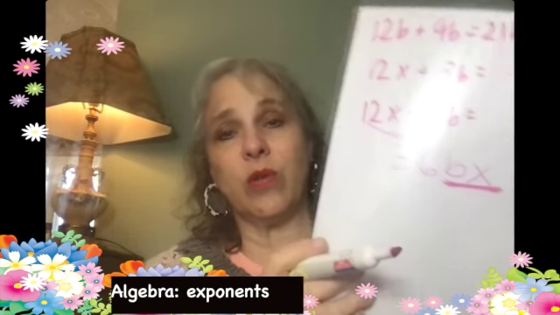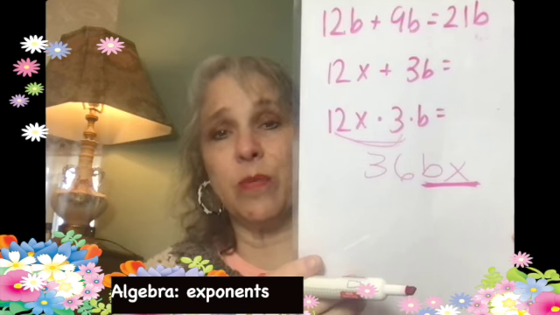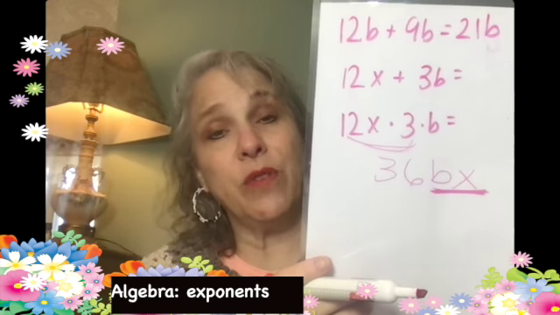Usually if you have more than one letter, you want to put those letters in alphabetical order. Instead of putting xb, you put bx. But if you have them out of order, it's not necessarily wrong. I would not count that wrong on a math page. But that's the general rule, to put the letters in alphabetical order.